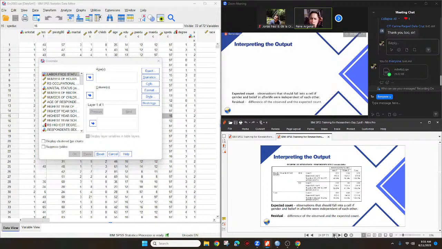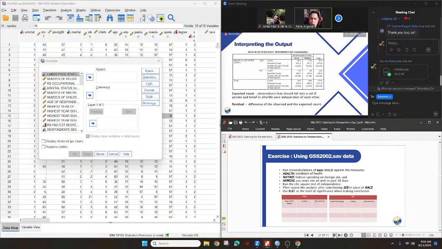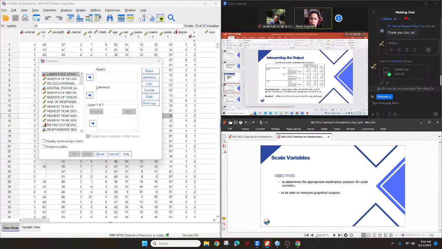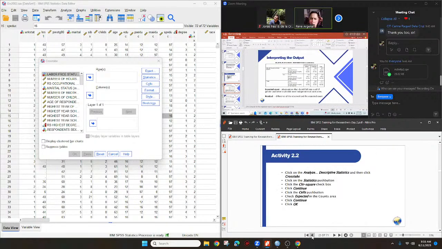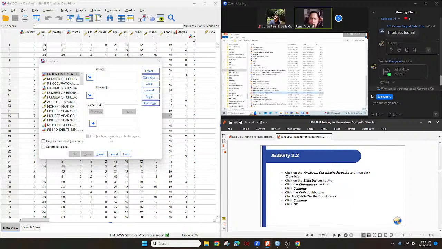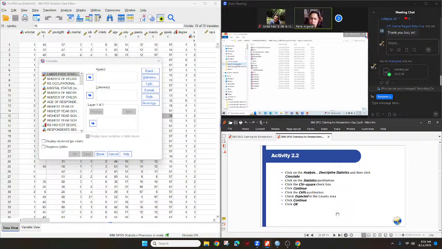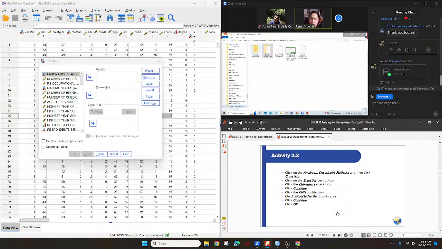So what is this data all about? Still the same. So for example, if we open our GSS 2002 data, how do you do chi-square in IBM SPSS? This is day 2, GSS 2002 data. So everyone, you open your GSS 2002.